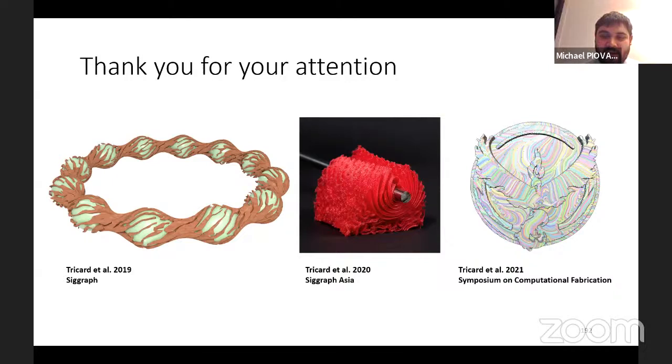Then there are a couple of hardware-related questions. The first one is, what kind of material do you use for all of these flexible prints? So these flexible prints were printed, if I'm correct, with NinjaFlex material, about 85A Shore, if I remember well.